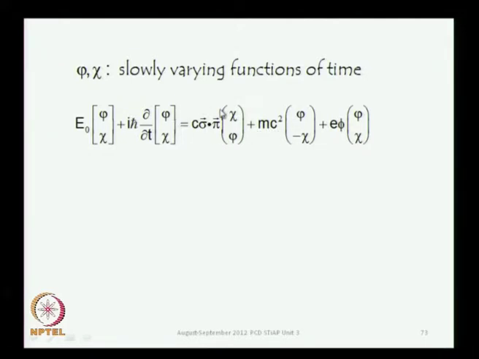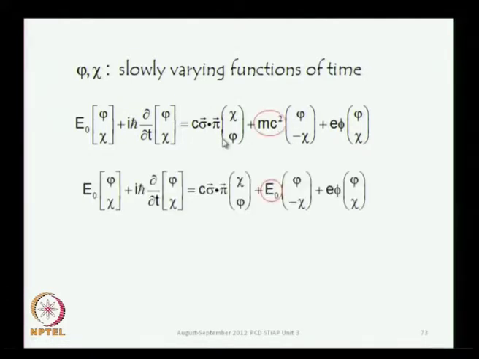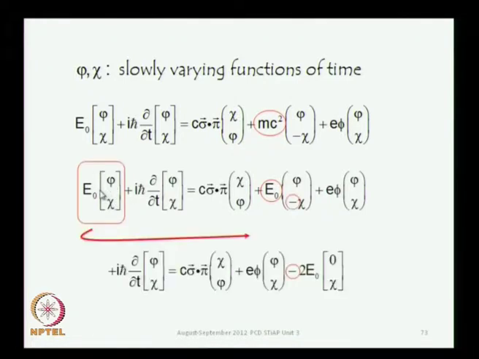So, these are slowly varying functions of time, and you have mc square over here which I have written as E0. You have a term in E0 phi chi over here which you can bring to the right hand side, and then on the left hand side you get just i h cross del by del t of this phi chi.